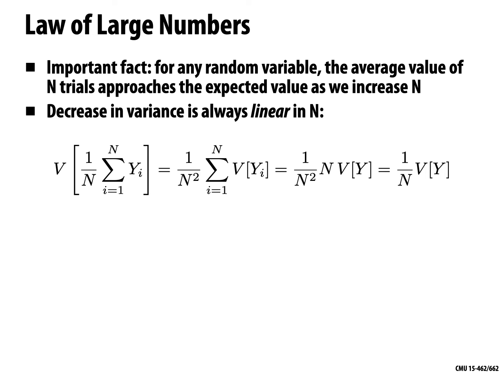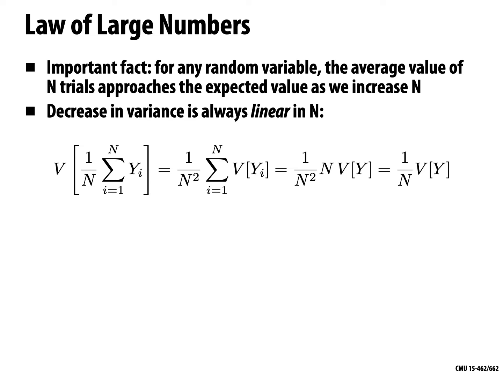So here's a little calculation. If we take our random variable y, we repeat some experiment n times, we average the resulting value. What is the variance of that? Well, using the rules from our previous slide, we can say that's equal to 1 over n squared times the sum of the variances, right?